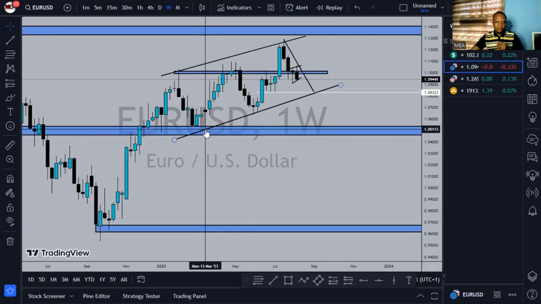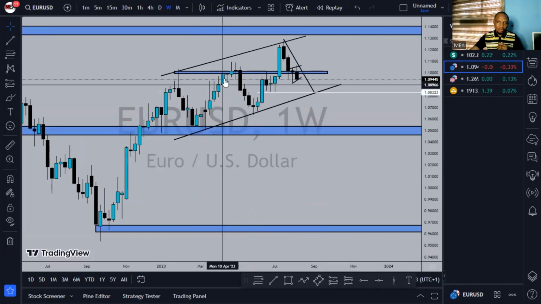February. Okay, it's within here. Oh, perfect, perfect. You can see on the 6th March 2023, that means if you started buying Euro USD here, you would have made a lot of money.